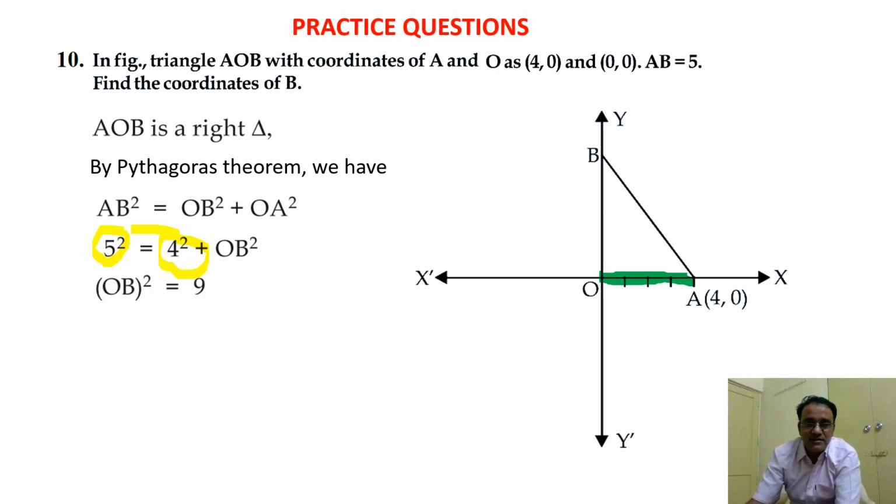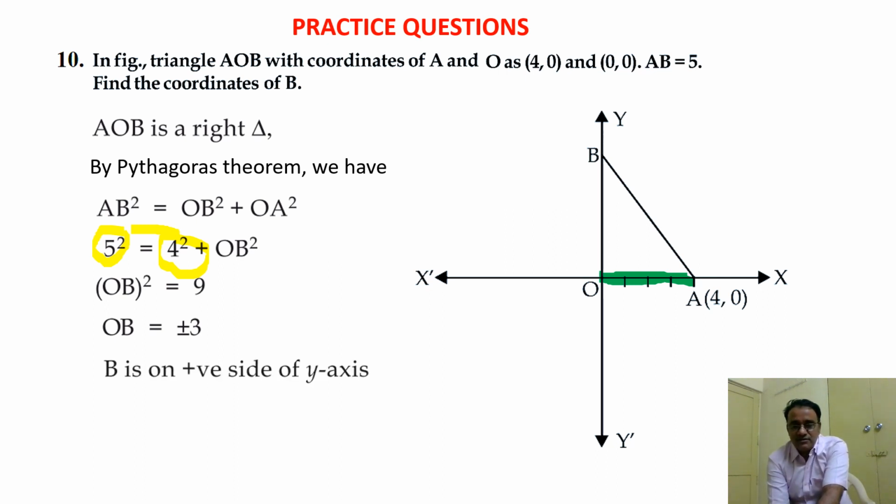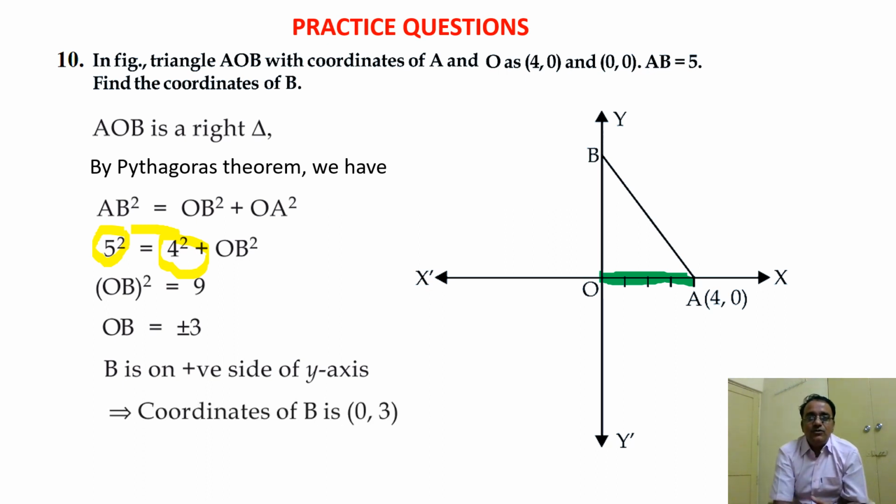So OB square is equal to 25 minus 16, that will become 9. And if we take square root, we'll get plus minus 3. Now B क्योंकि ऊपर में है इसलिए हम लोग उसको पॉजिटिव लेंगे क्योंकि पॉजिटिव साइड ऑफ y एक्सिस में दिया हुआ है. So the coordinate of B is (0, 3).